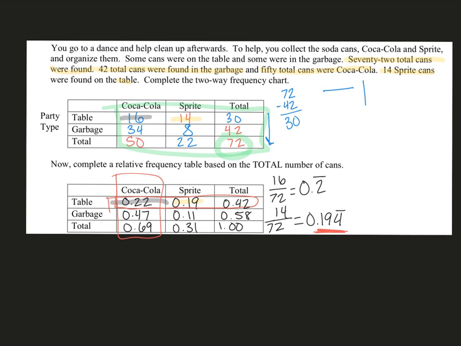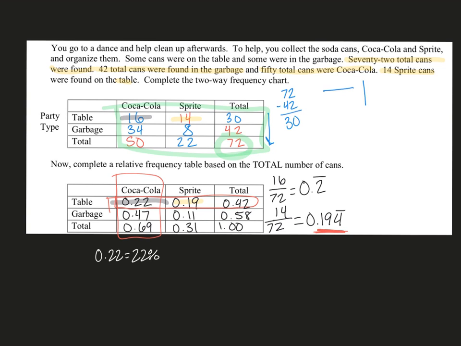Another really cool thing about doing a relative frequency table is it makes it really easy to get the percentages. So for example, to change a decimal to a percentage, I hope you guys know you just multiply by 100 or move the decimal over. So basically 0.22 is telling us that 22% of all cans found were Coca-Cola cans, and they were found on the table.